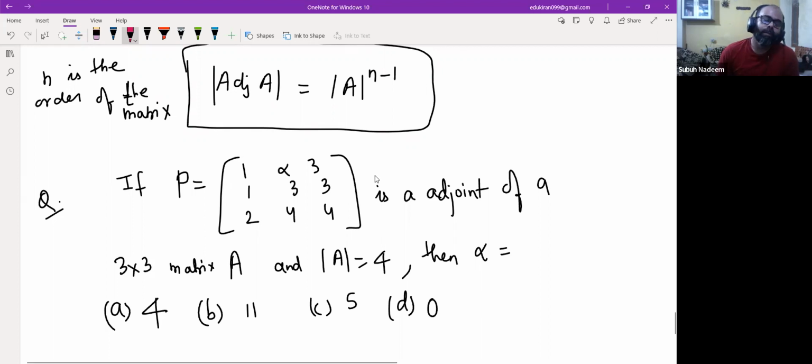P is the adjoint of A, right? So you will find the determinant of P, that will be the determinant of adjoint of A, and from there you will proceed.